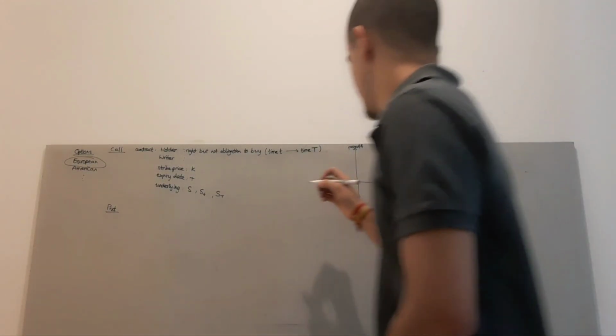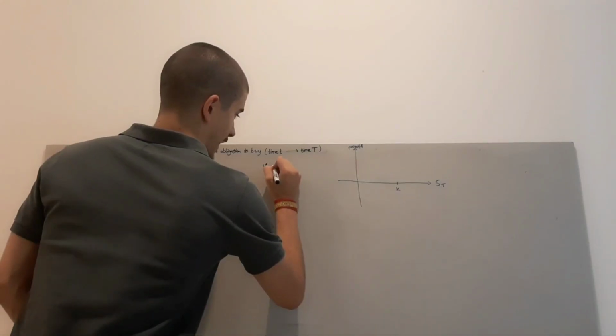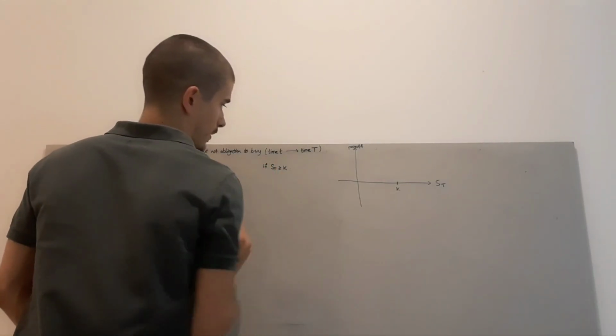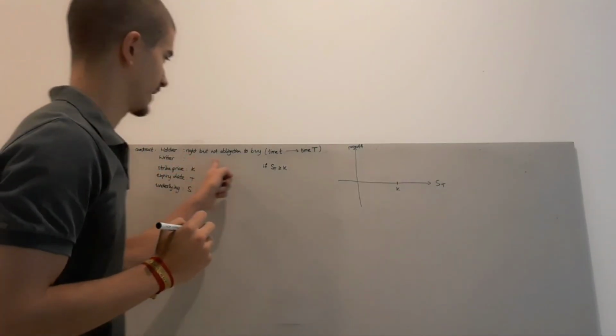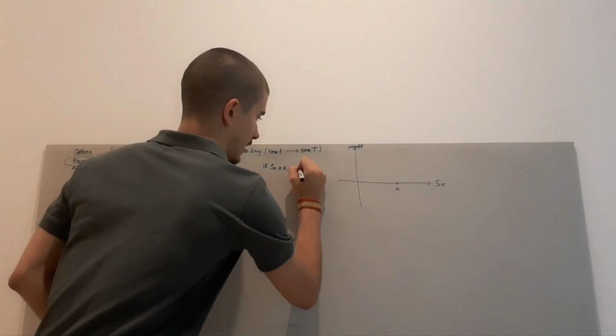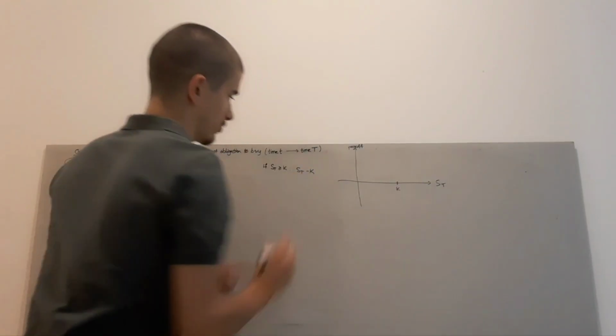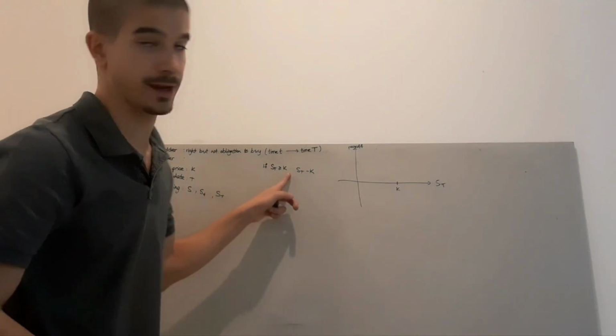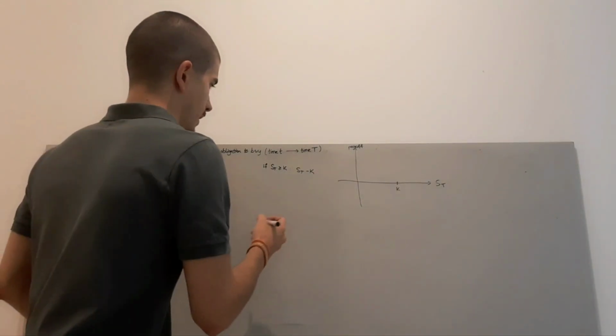So if ST is greater than or equal to K, the holder is going to exercise his rights, and he's going to make ST minus K. He's going to be buying an asset that's worth ST for K.